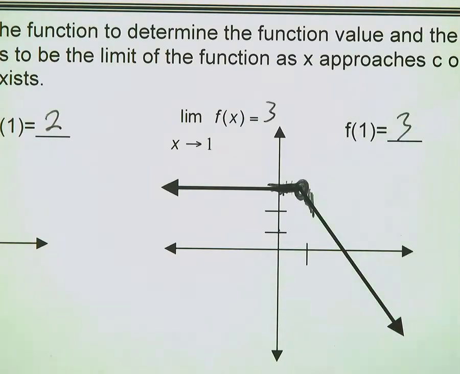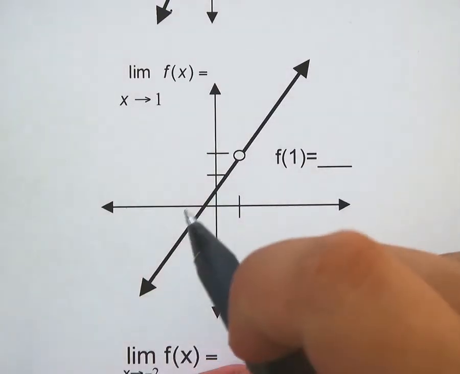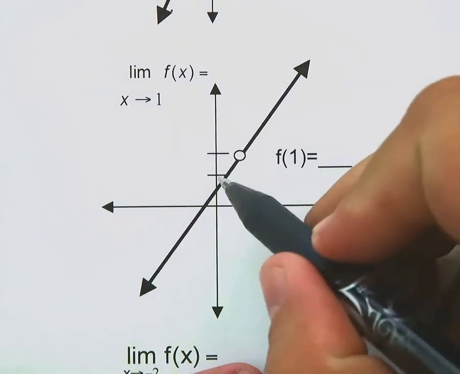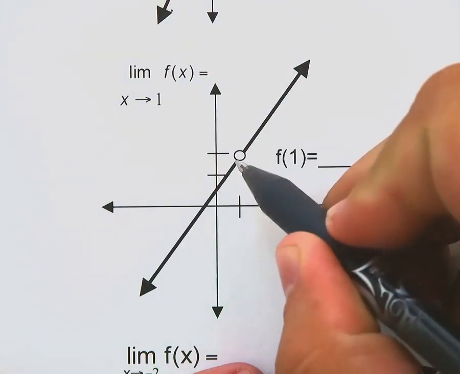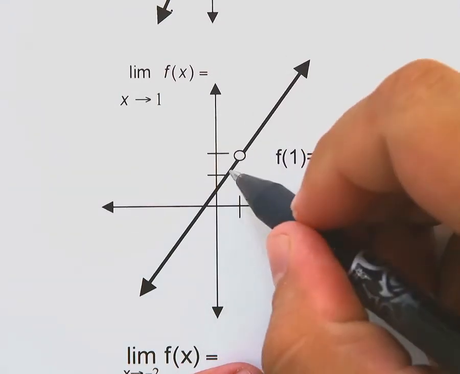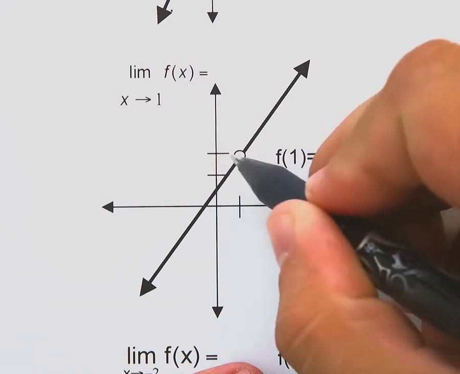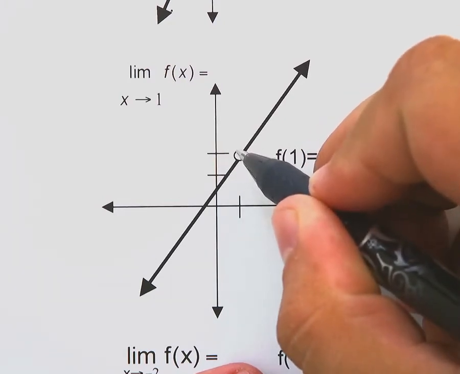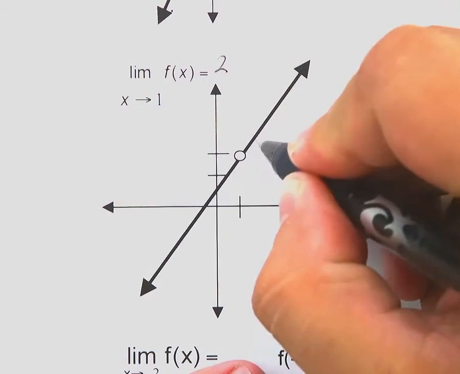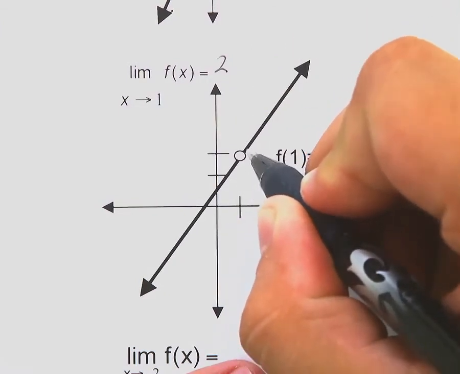The function value is also 3. That's where this is going to differ. I'm sorry about that. Okay, so the limit as x goes to 1, it's getting really close to what value? As you get closer to x values of 1, what y value is it getting close to? Well, it's getting close to 2. So the limit is going to 2, even though this does not actually exist here.